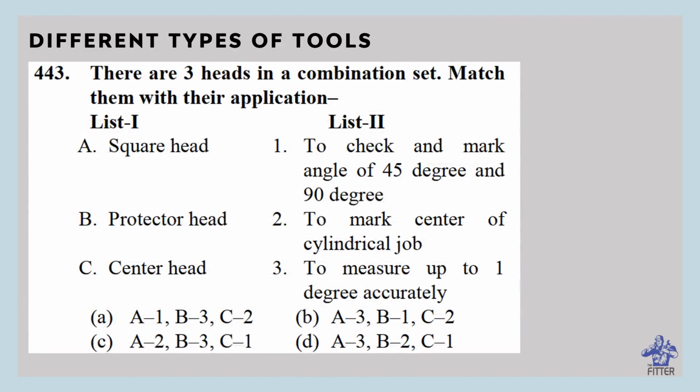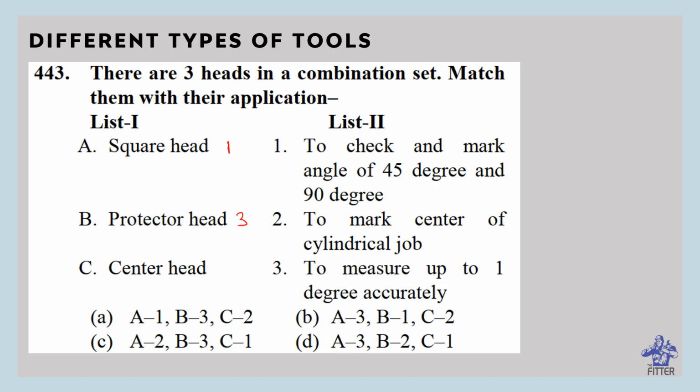There are three heads in a combination set. Match them with their application. Square head is used to check and mark angles of 45 degrees and 90 degrees, so that is 1. Protractor head to measure up to 1 degree accurately, so that is 3.